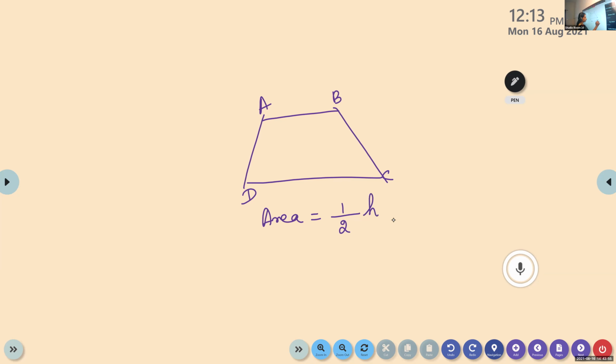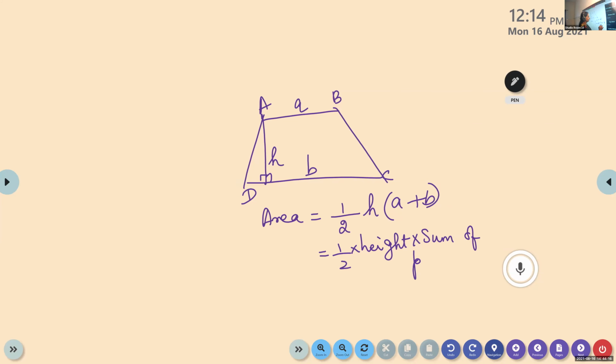Half into h into (a plus b). What are a and b? Parallel sides. h is the perpendicular distance. That is half into height into sum of parallel sides.